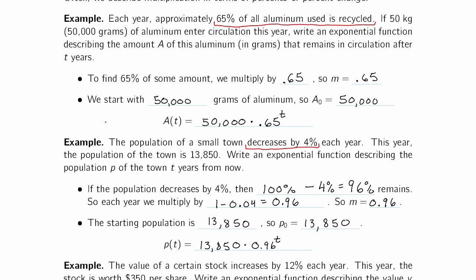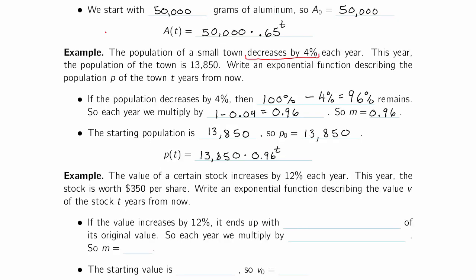Here 4% goes. Now, if the population can decrease by 4%, then something could also increase by some percent. In this example, the value of a certain stock increases by 12% each year. So then we're told the current value of the stock, but let's deal with this increases by 12% first. If the value increases by 12%, it starts with 100%, and then it gets an extra 12%.